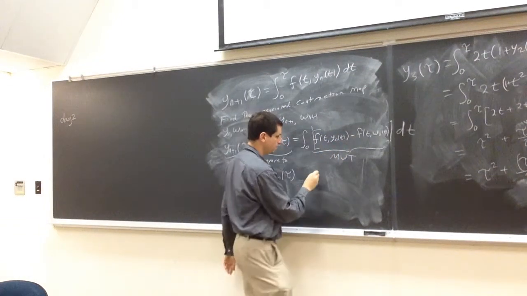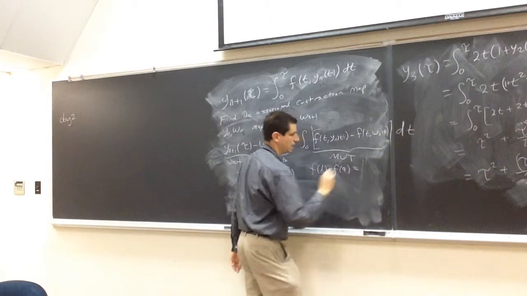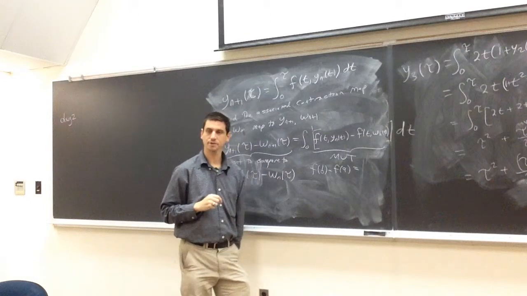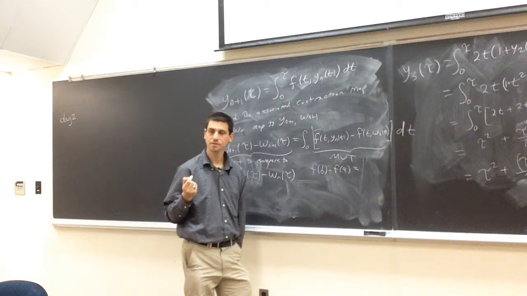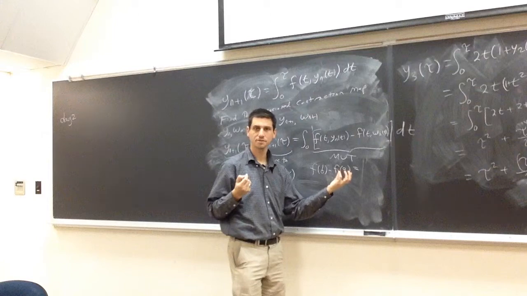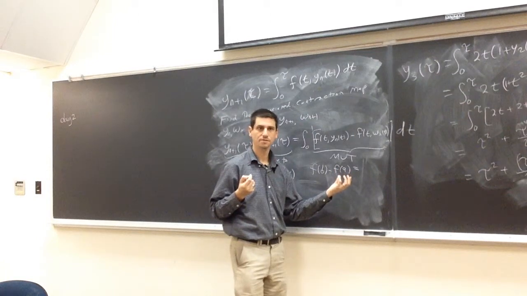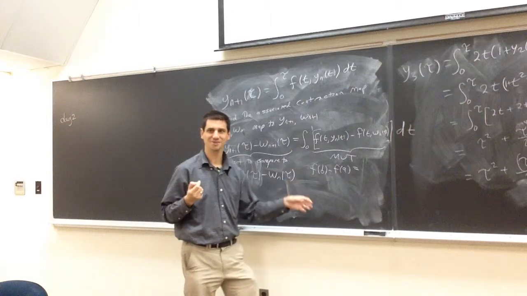If I gave you f of b minus f of a, how would you write that using the mean value theorem? What would the mean value theorem tell us this equals? Who remembers the mean value theorem?